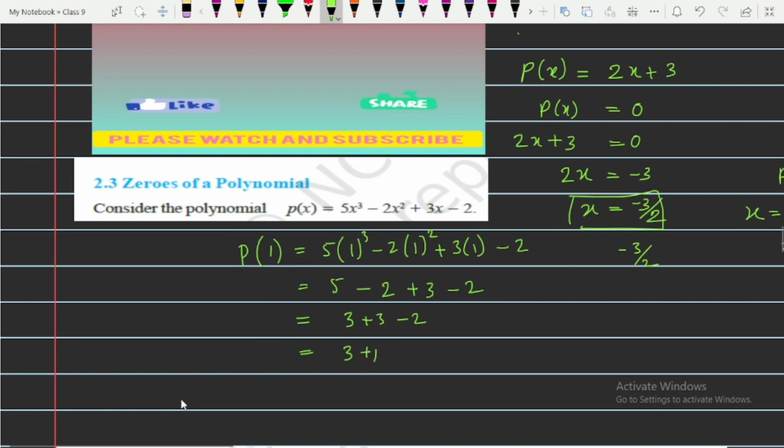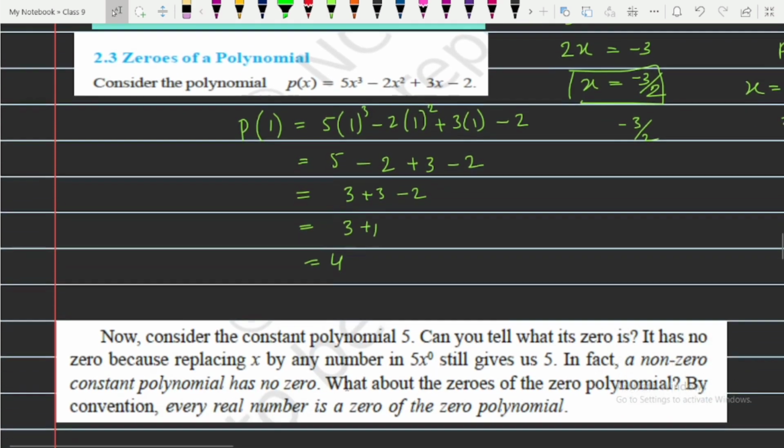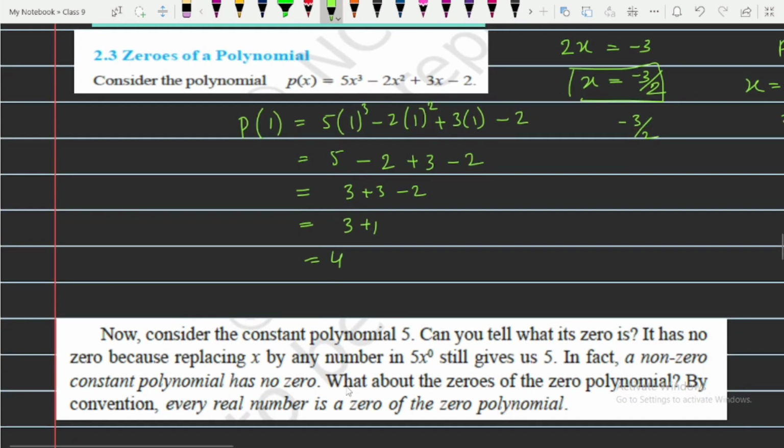So here the value of the polynomial is 4. If the value of the polynomial is 0, then it is called the zero of a polynomial. What we got now is the value of the polynomial at x equal to 1.